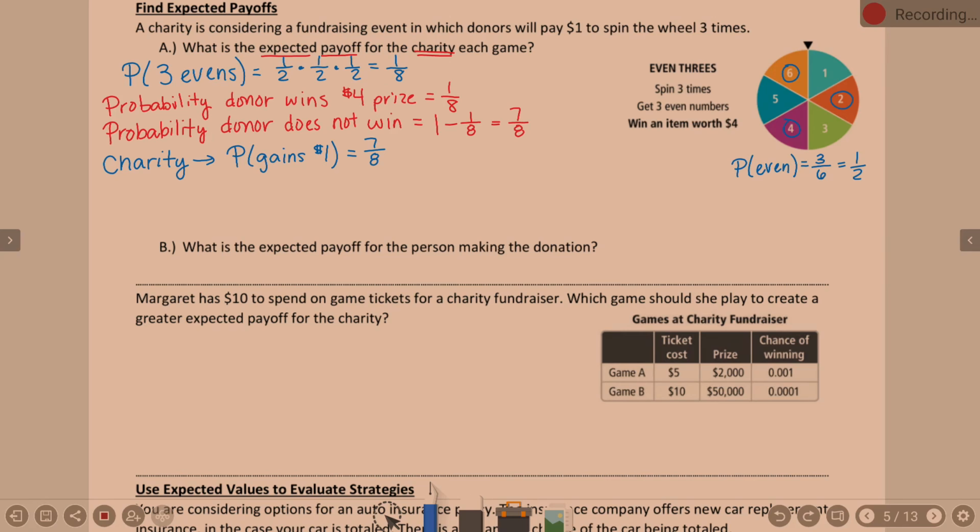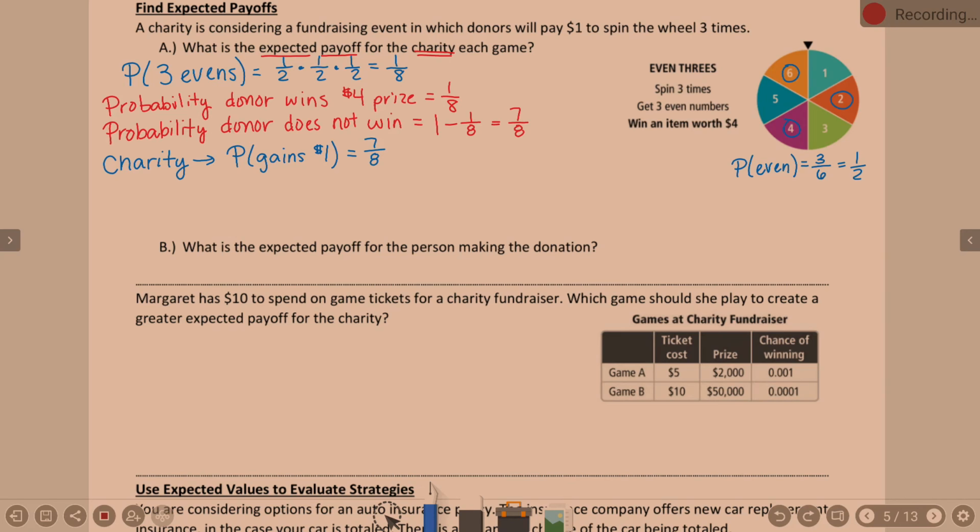What's the other alternative? The charity can either make $1 off of me, or how could they lose $3? You gain $1 each time they spin the wheel, but if they get 3, then... Are you guys following? I pay $1, so they get my dollar no matter if I win or lose. If I win, they're paying me a $4 prize, yes?